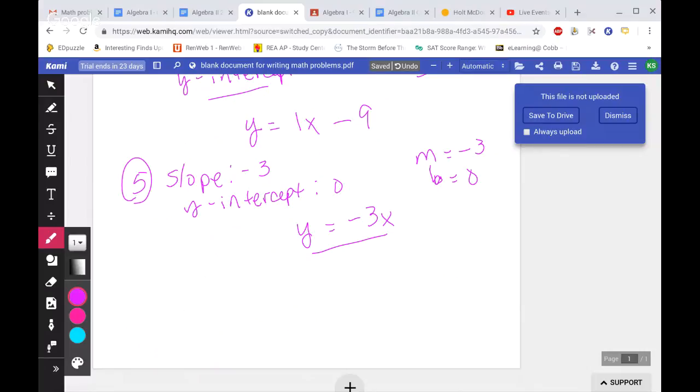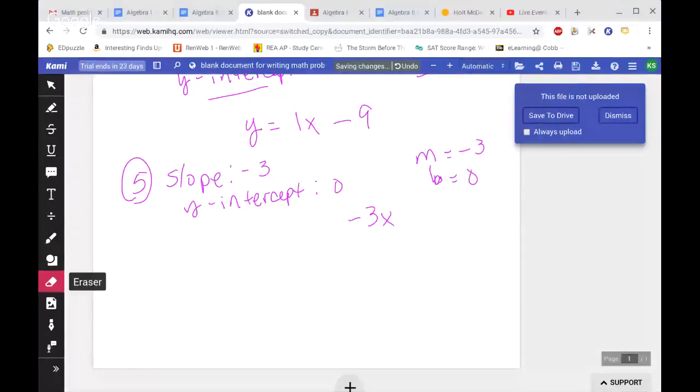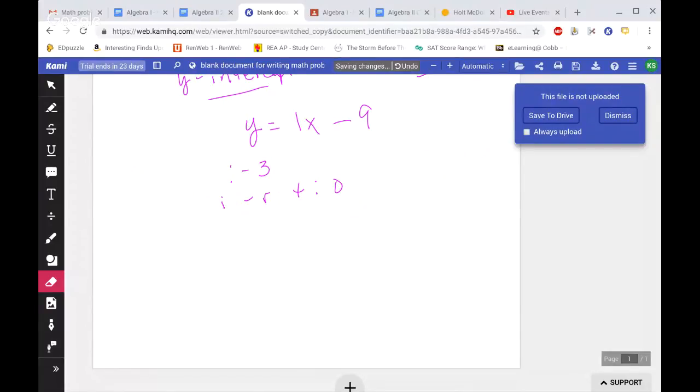You're just plugging in numbers. That's all you're doing for 3 through 9. The main reason that I had you do so many of them is to understand that the y-intercept is the b and the slope is the m in the equation y equals mx plus b.